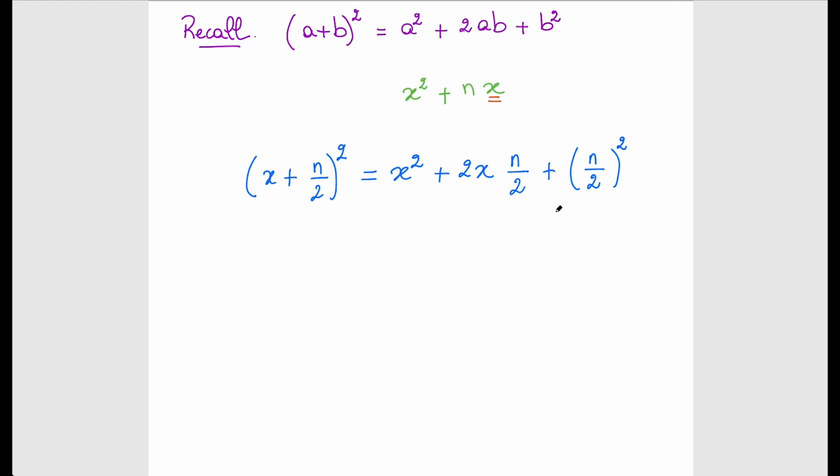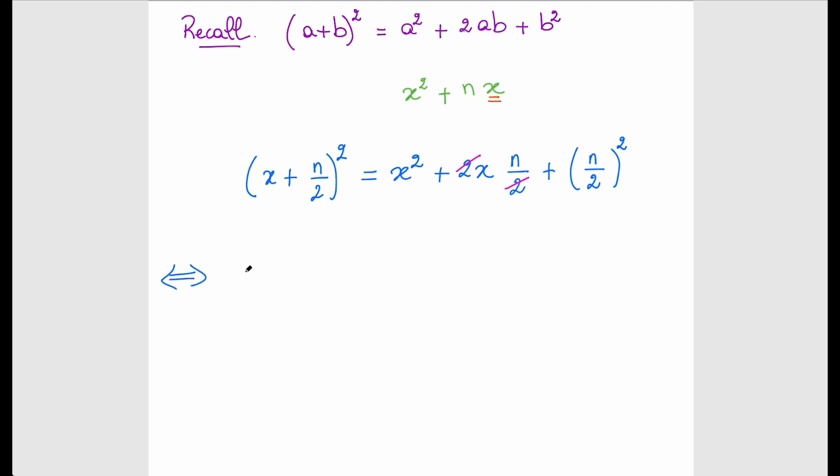And what do you realize here? You can simplify by 2, right? And what do you obtain? Let's rewrite the whole thing without the 2's now, because I simplified.